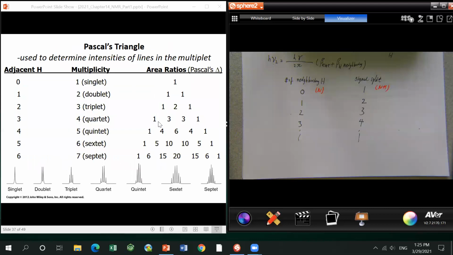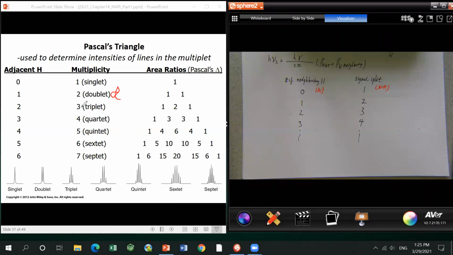All right, and here's what the different split patterns look like. The singlet is just one peak, the doublet has two peaks, and people use D to indicate the doublet. It's not a good abbreviation, but it's fine.